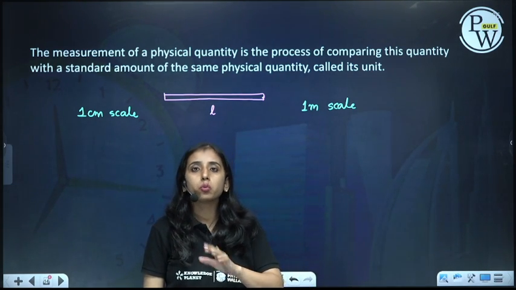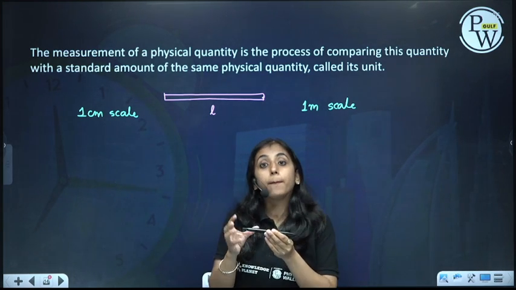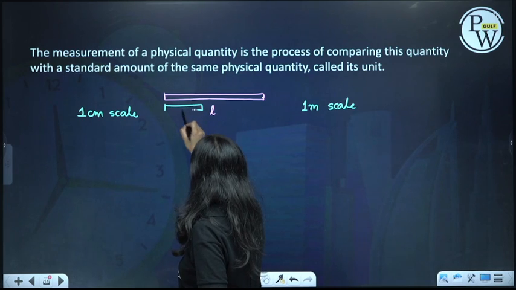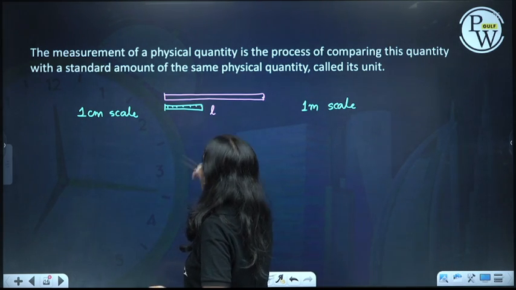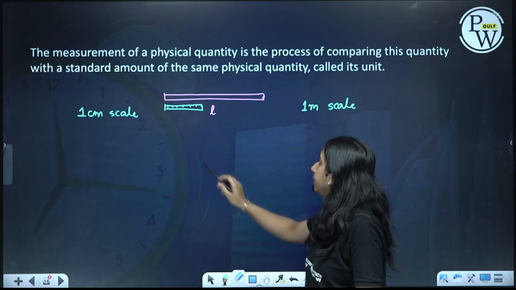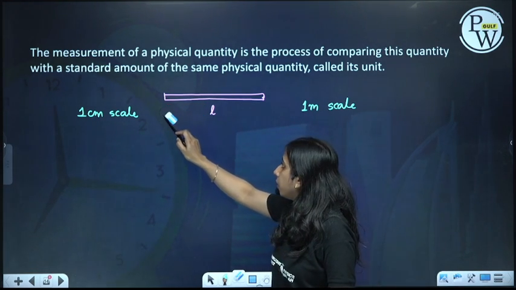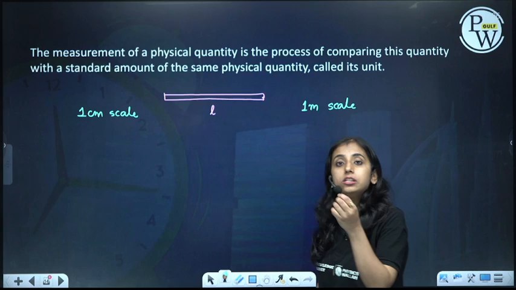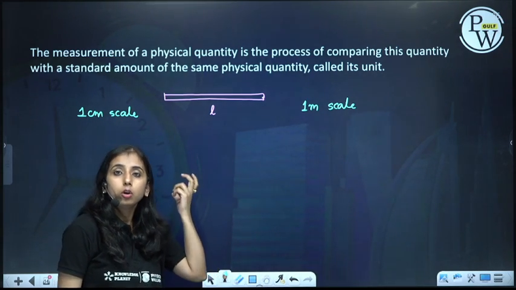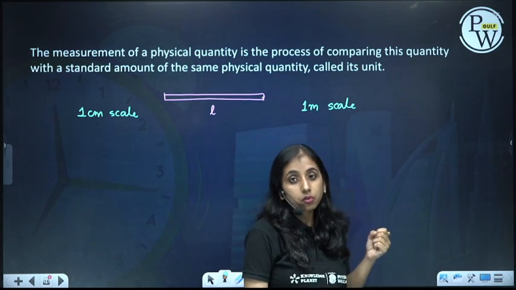Now what will the students do? Students will compare the length of this rod. They will keep the scale beside the rod and check how many repetitions of the scale are needed to cover the length of the rod.